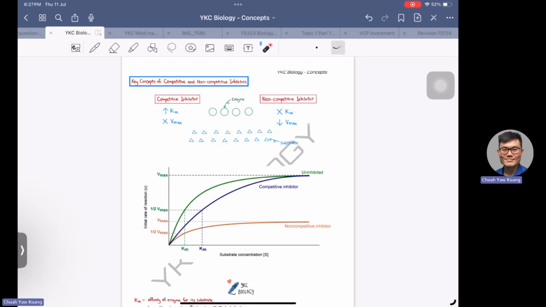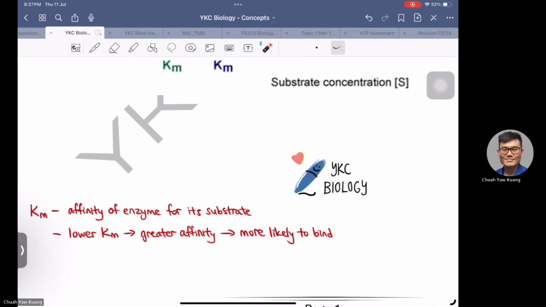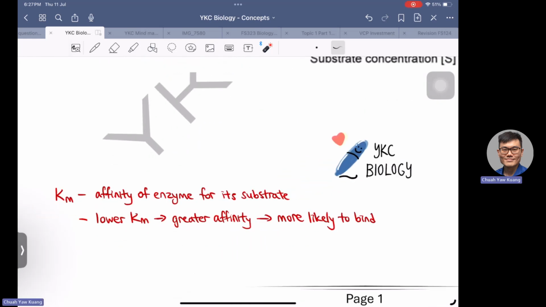Before going to the reason, we have to make it clear what the Km is. Km, also known as the Michaelis-Menten constant, is a measure of the affinity of the enzyme for the substrate.